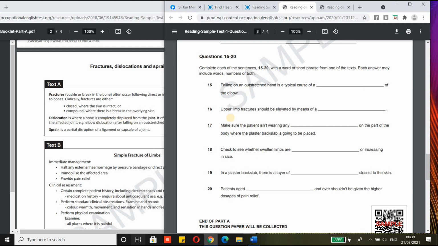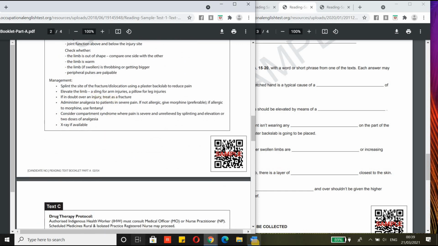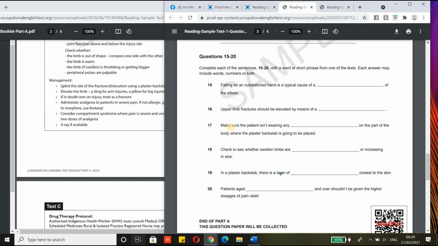Okay. So 16, upper limb fractures should be elevated. Upper limb is arm, so a sling. Okay. 17.